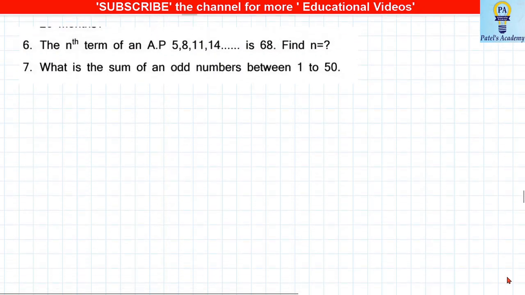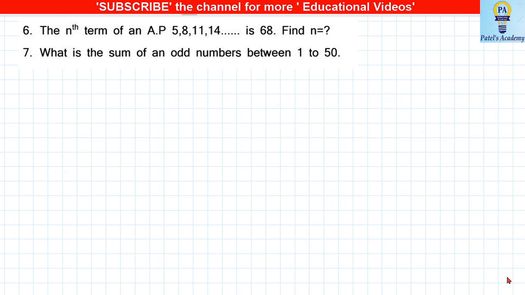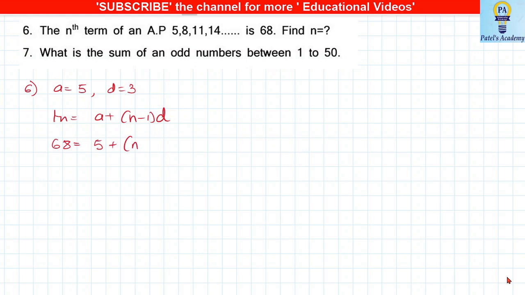The nth term of an AP is 68. You have to find the value of n. Okay, so let's see. They have given the AP. So from the AP we have a and we have d as 3. So we are using the Tn formula, that is a plus (n minus 1)d. So Tn, that is the last term, is given as 68. 5 plus (n minus 1), d is 3.